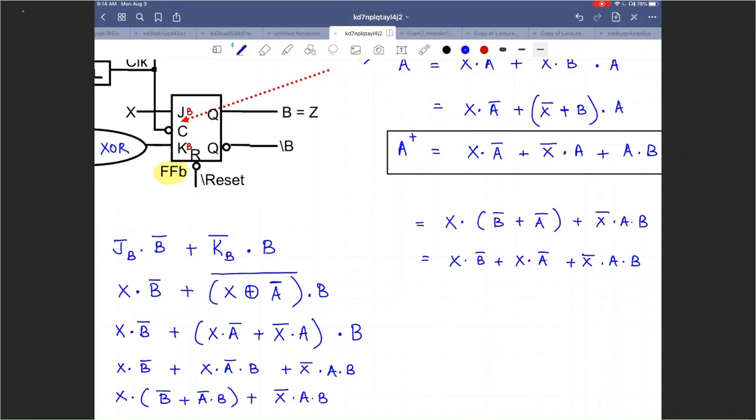I can simply pull out an X from the first two. I get A complement or B complement, or X complement. Right.